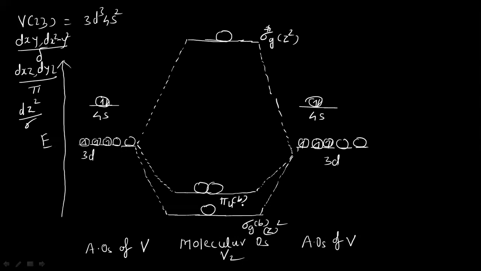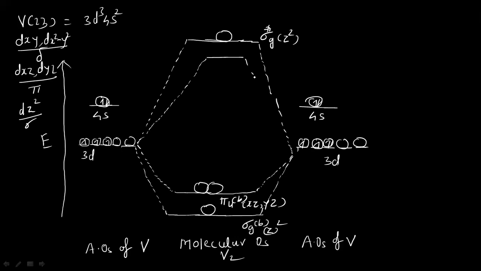It is formed from which orbitals? xz and yz. So we have to represent that also here, xz yz. So this is the pi u bonding molecular orbital coming from xz and yz, that is dxz and dyz. The anti-bonding molecular orbital also we have to represent here.